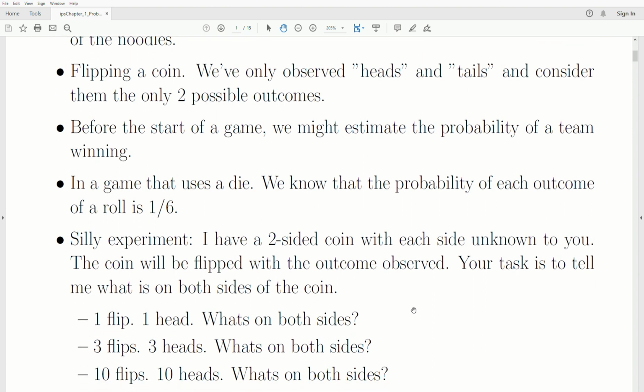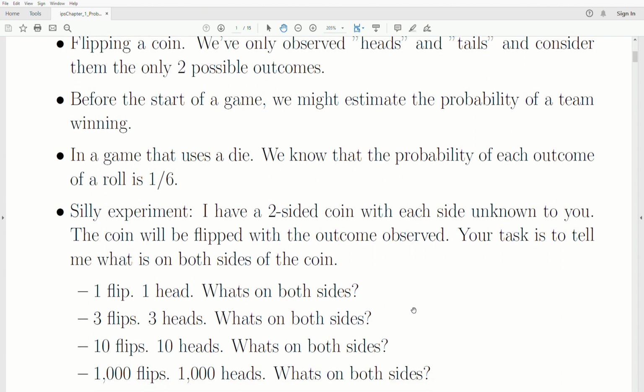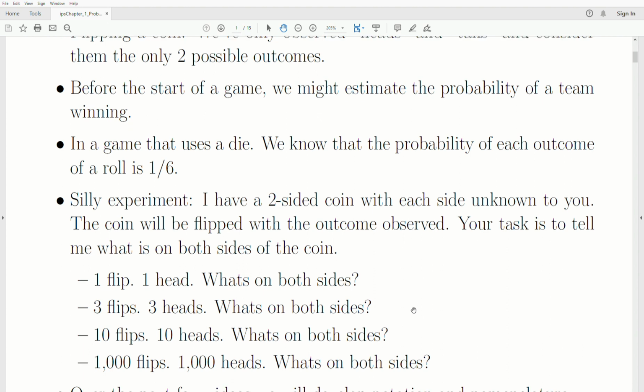So what if I flip it 10 times and we observe 10 heads? A lot of you will start saying, well, that's starting to be pretty good evidence that maybe it's a two-headed coin. There's not a tail and a head on each side. What if I flip it 1,000 times and we observe 1,000 heads? Now this is where you go, well, if it were a fair coin, one head, one tail, the probability of observing 1,000 heads in 1,000 flips is so small, we have to discount that hypothesis that it's a fair coin.